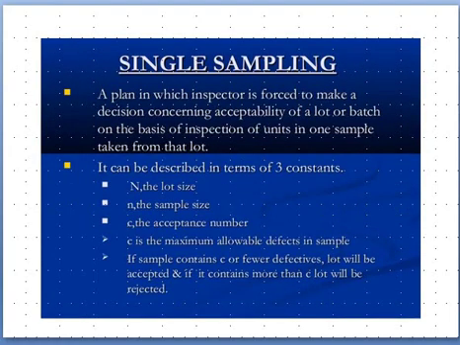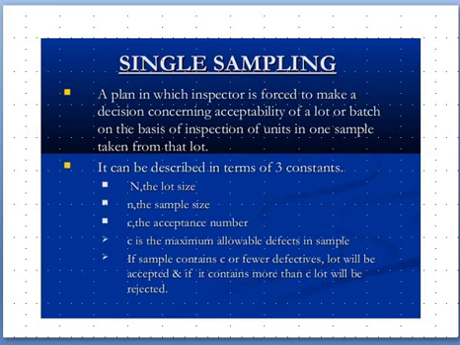Single sampling plan: a plan in which the inspector is forced to make a decision concerning the acceptability of a lot or batch on the basis of inspection of the units in one sample taken from that lot. It can be described in terms of three constants.